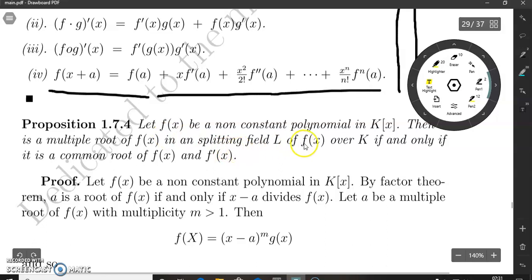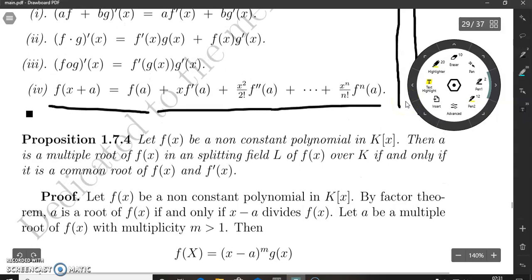Let f(x) be a non-constant polynomial over field K. Then a is a multiple root of f(x) in a splitting field L of f(x) over K if and only if it is a common root of f(x) and f'(x).